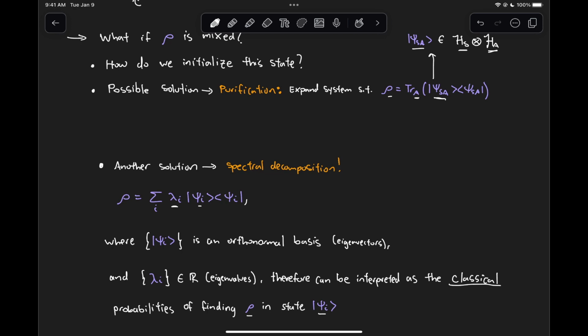So basically, we have an ensemble of states psi sub i with probability of occurrence lambda sub i.